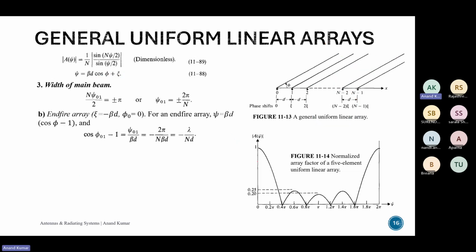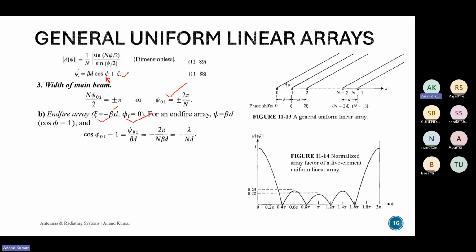Now similarly for the end-fire array, we again have the location of the first nulls, and we have the phase shift equal to beta d, and now phi equals 0. Now phi is 0, so psi 01 is equal to beta d cos phi 01 plus xi, and this xi is minus beta d.